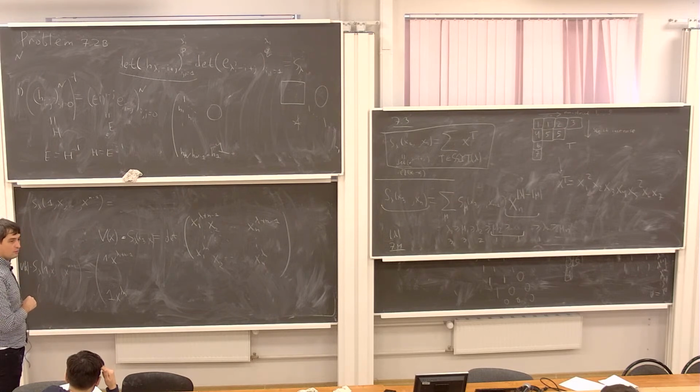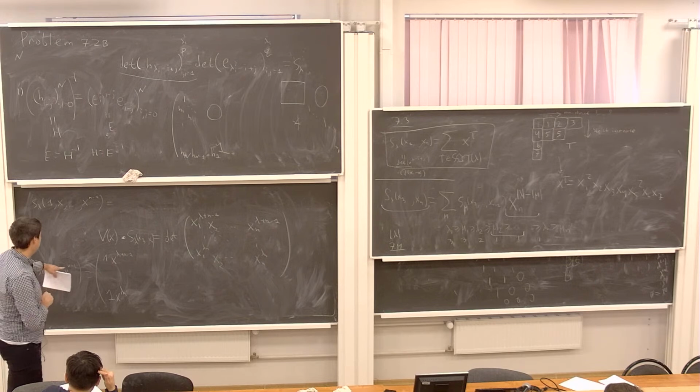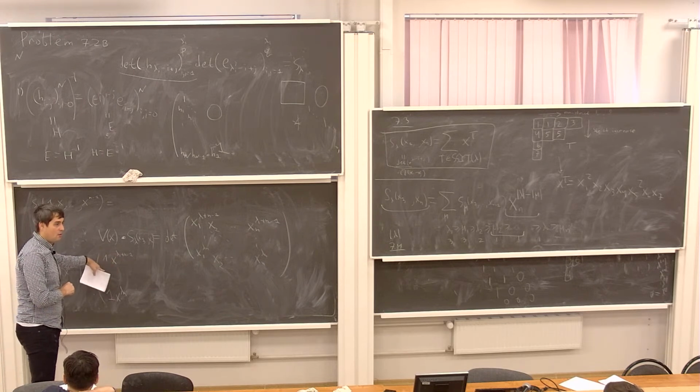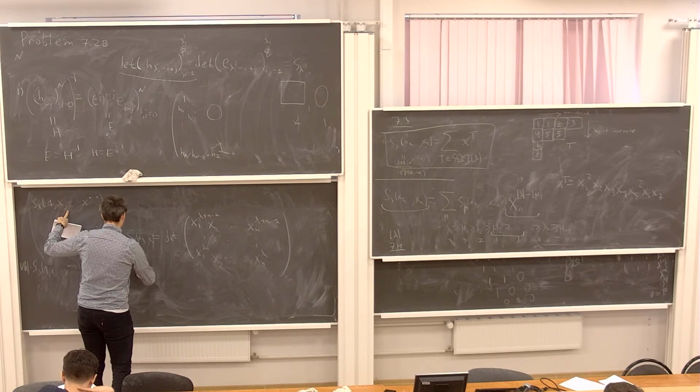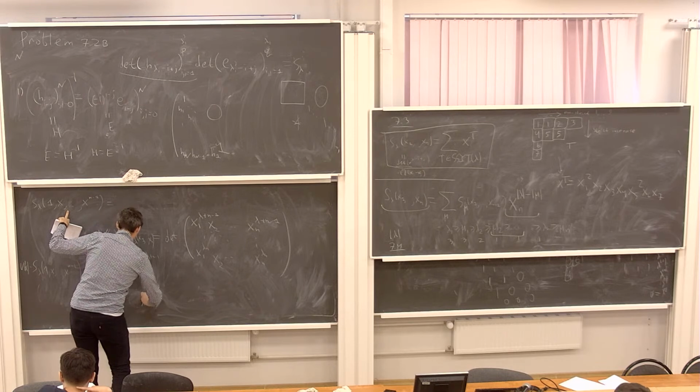What is in the next column? x_3 in the same degrees, but x_3 is x squared, so you get x^2 to the lambda_1+n-1, ..., x^2 to the lambda_n, and so on.